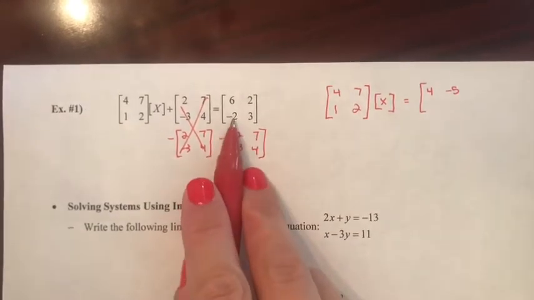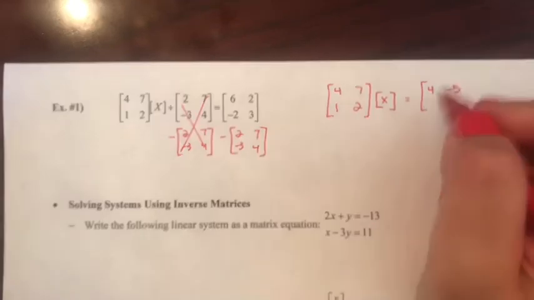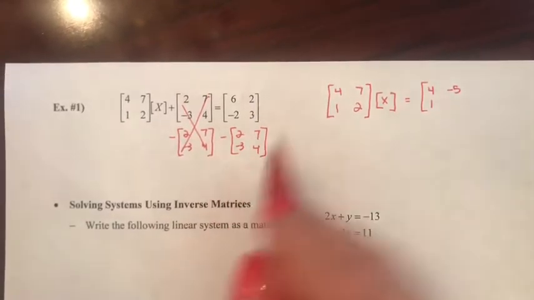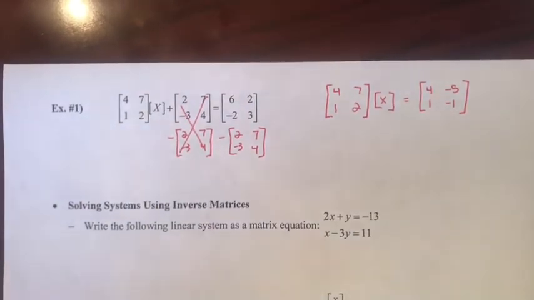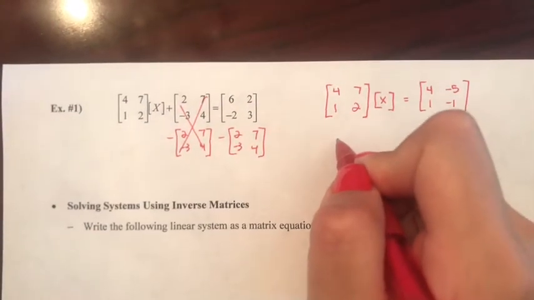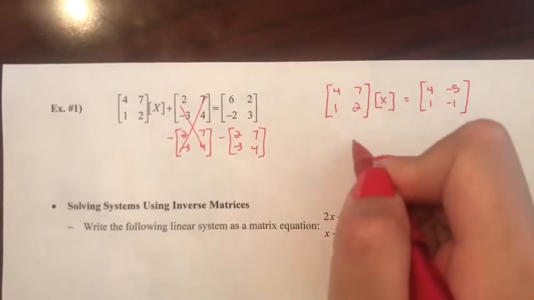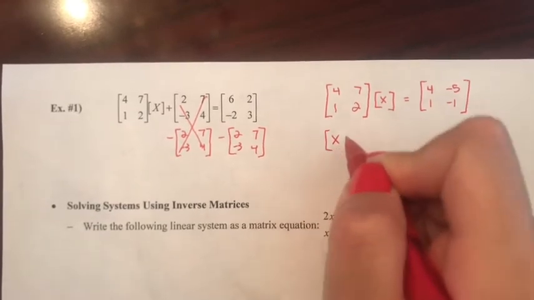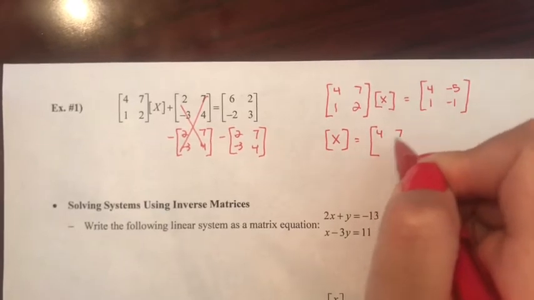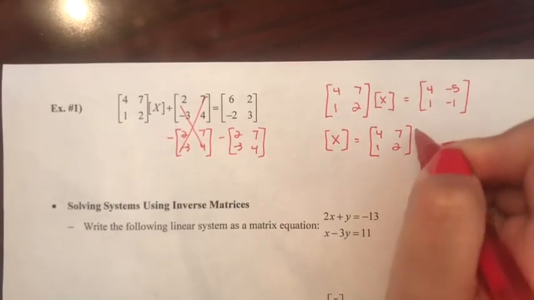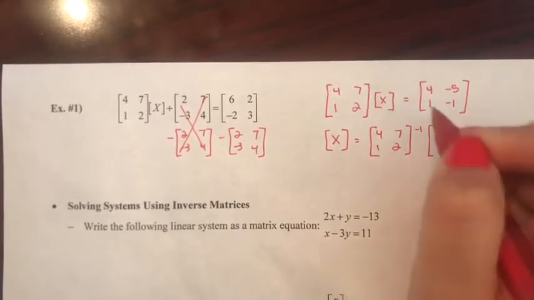Careful with the negative. We've got -2 minus a negative. That turns into plus. 3 minus 4. Okay. And now we're ready to type it into our calculator. So we're going to have X is equal to the inverse of that first matrix times the second.